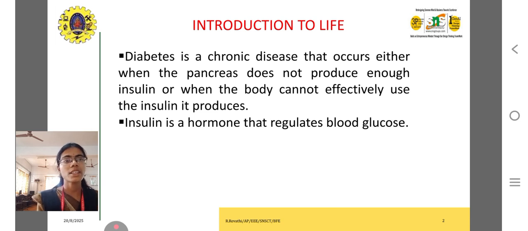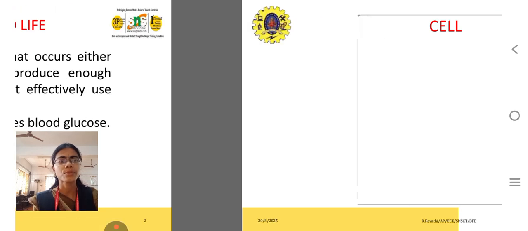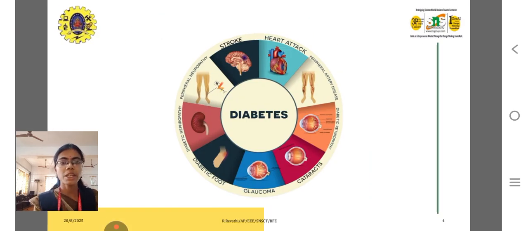Diabetes is a chronic disease that occurs either when the pancreas does not produce enough insulin, or when the body cannot effectively use the insulin it produces. Insulin is a hormone that regulates glucose. So, diabetes is mainly caused due to lack of insulin.